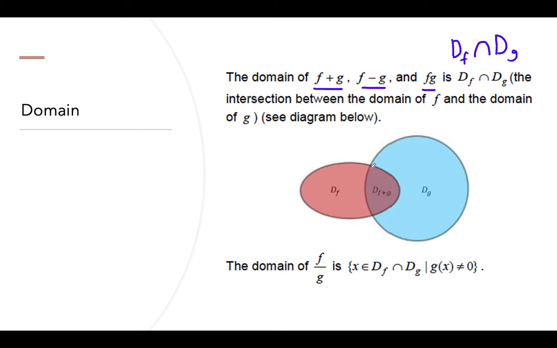As you can see where they overlap, this is the part where they intersect. But if we're looking for the domain of the quotient combination, that means the domain of function f intersects with that of function g, but keep in mind, we need to state the restriction that the denominator cannot be equal to 0.